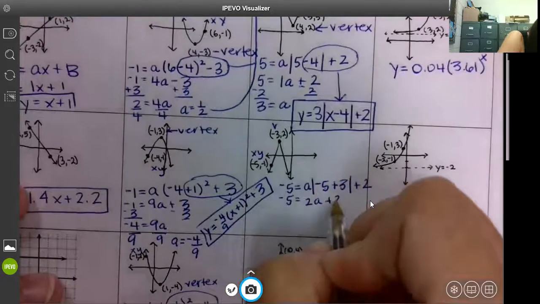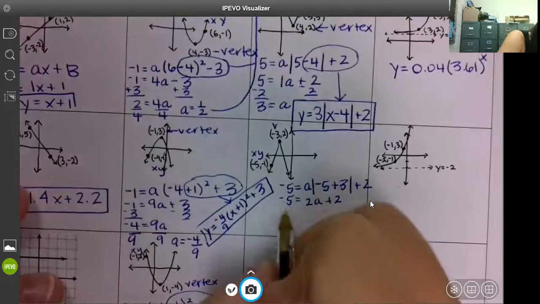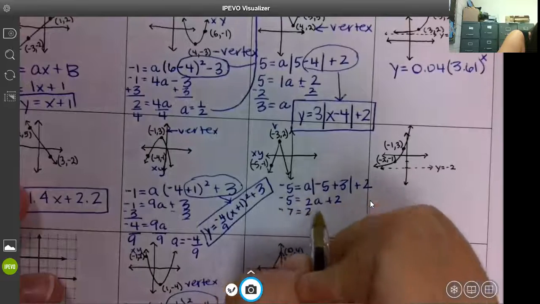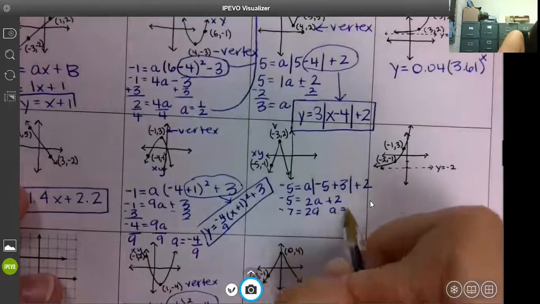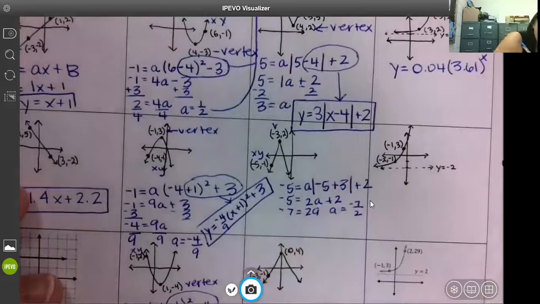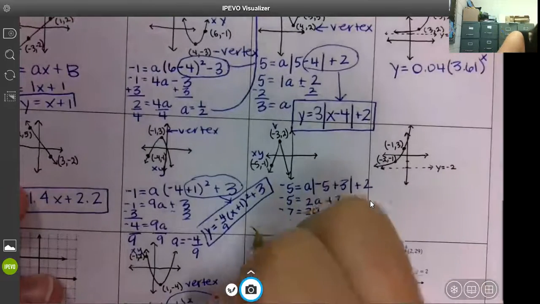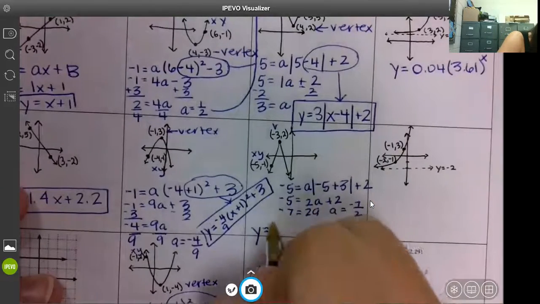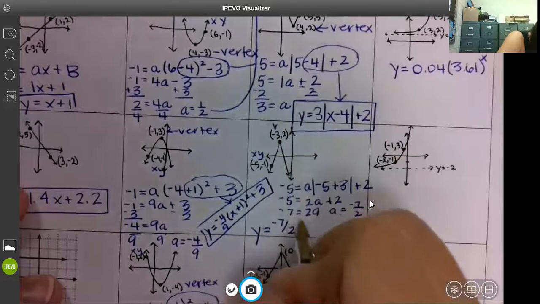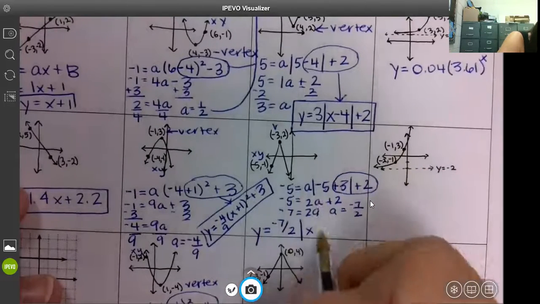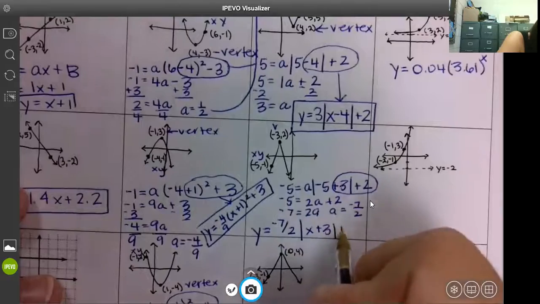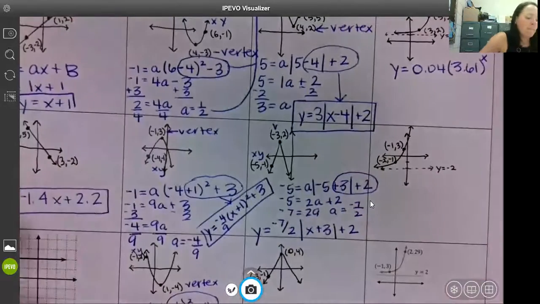So 2a plus 2. We're going to subtract our 2. We get -7 equals 2a. Divide by 2 and we get a equals -7/2. And it should be negative because it's flipped over. Your final equation, y equals -7/2, absolute value of x. And again, you're going to put the rest of this vertex in there, plus 3, absolute value plus 2.